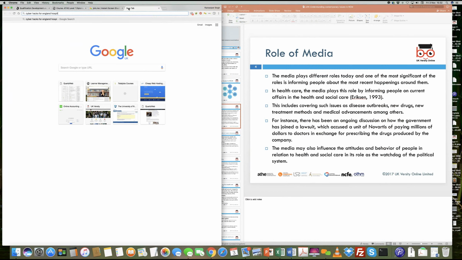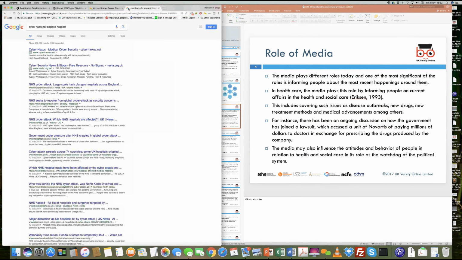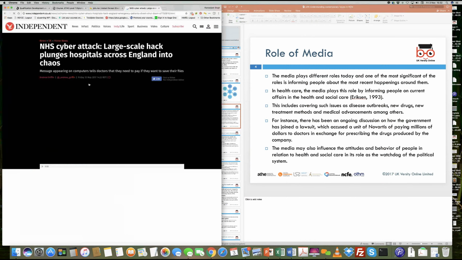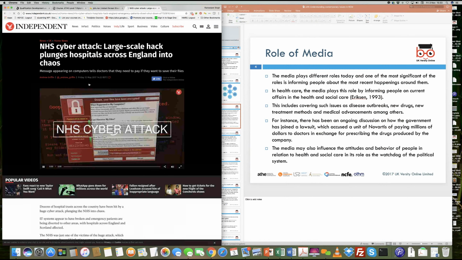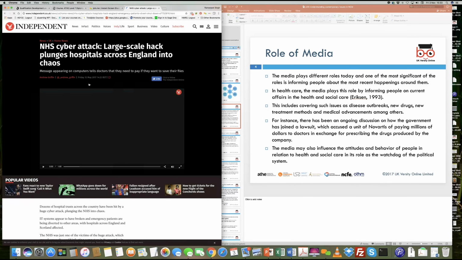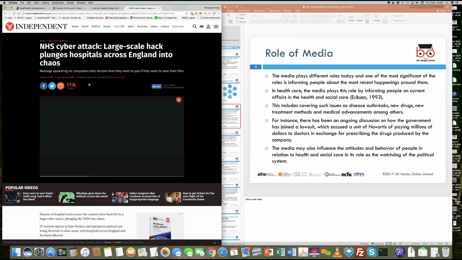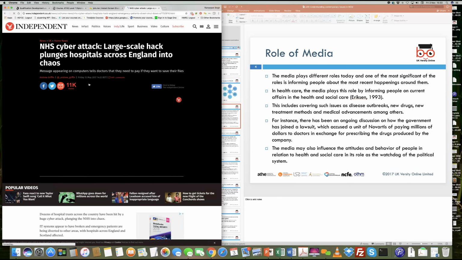This was major news, because there were about 80, 90 hospitals and some 200 odd GP surgeries which faced a cyber attack, and because of which they had to postpone operations, procedures and basic things happening in those hospitals.